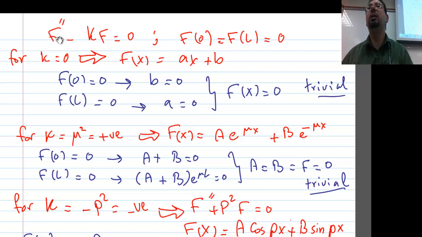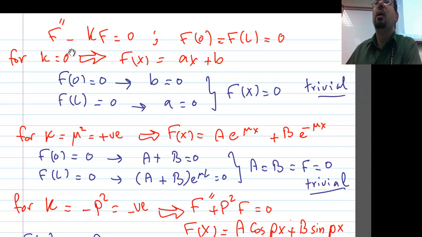Nonlinear means, for example, f double prime minus f prime f. It's not the f prime that's the problem, that's okay, but it's minus f squared. Just the fact that it's f squared makes it nonlinear. For those we will solve them numerically, but this we can do by hand.